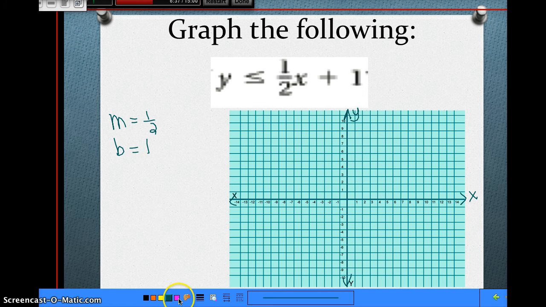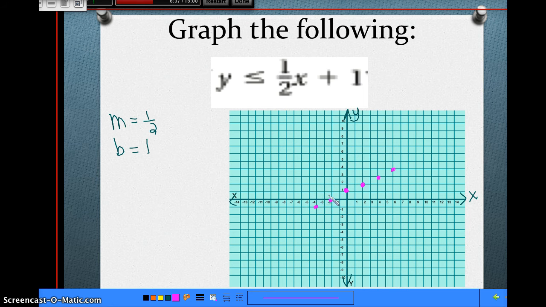So if I go to my graph and I plot my y-intercept at 1, which is my starting point on the y-axis, and I work my slope, just like I learned in the last chapter, I'm going to go up 1 to the right 2, up 1 to the right 2, up 1 to the right 2, or I could go in reverse, down 1 to the left 2, down 1 to the left 2.